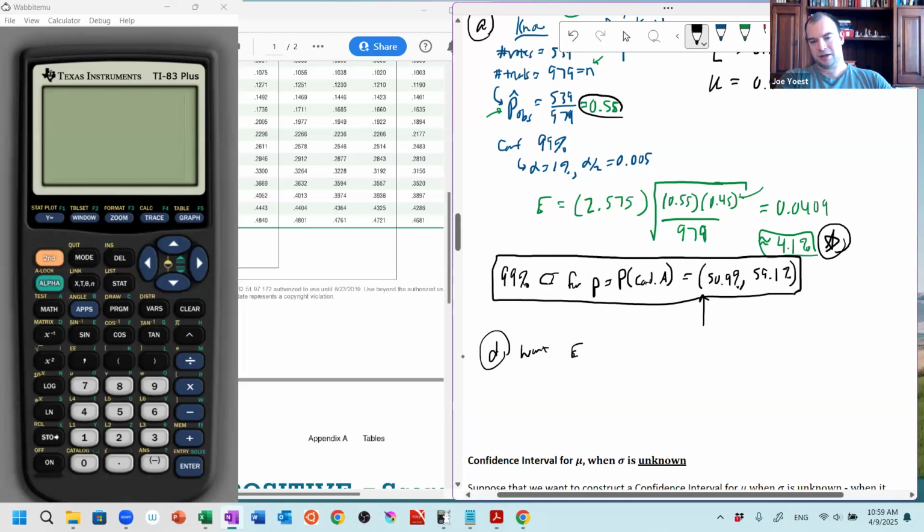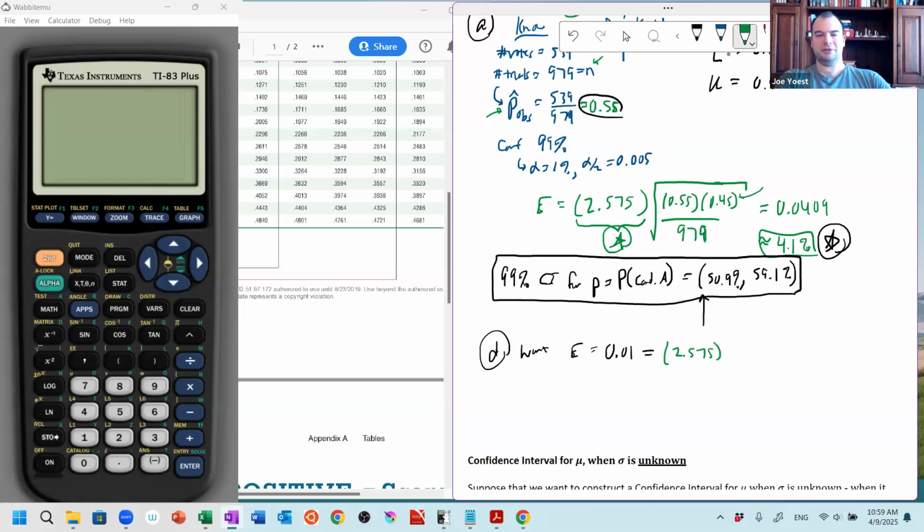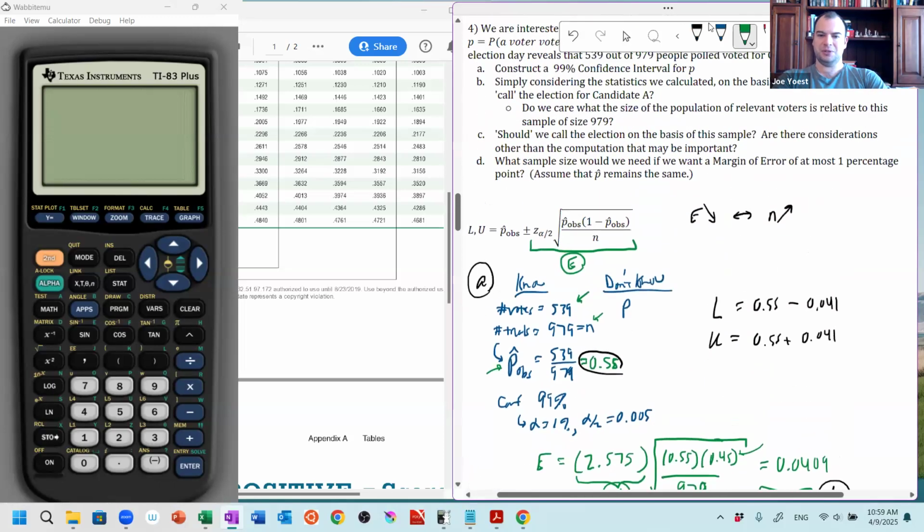So I want my margin of error to be 1%. But what is it actually? My confidence level didn't change, so my Z alpha over 2 stays the same, 2.575. By assumption, we're assuming that our p-hat observed remains the same.